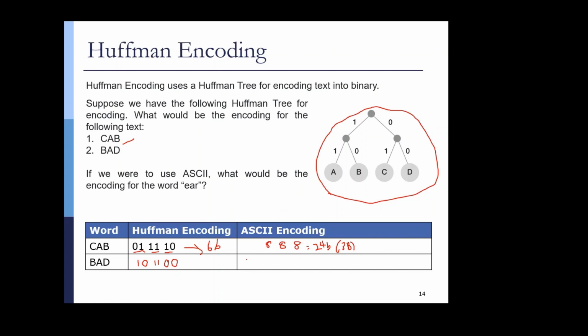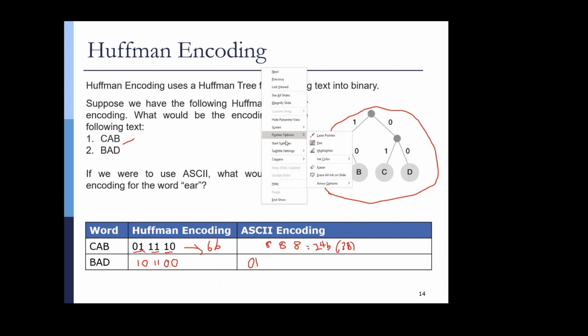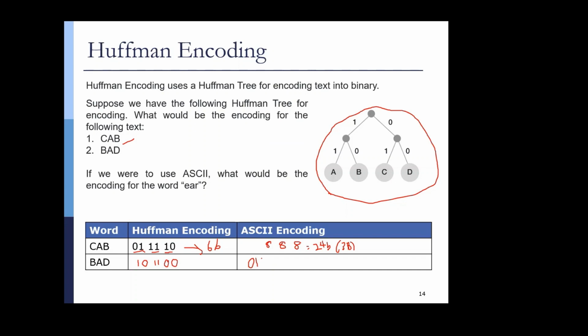So B is 0 1. I wonder if I can enter text. I'm not sure how to enter text here. Then I just write 0 1 1 2 3 4 4 zeros.